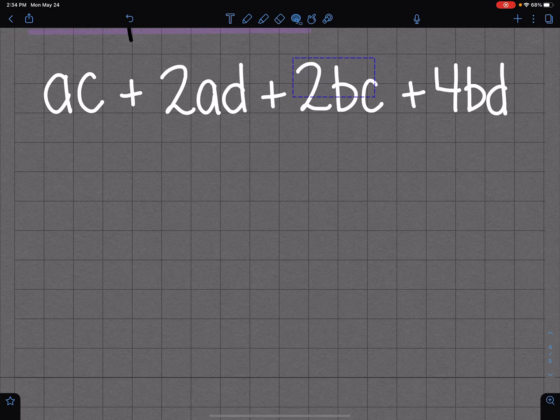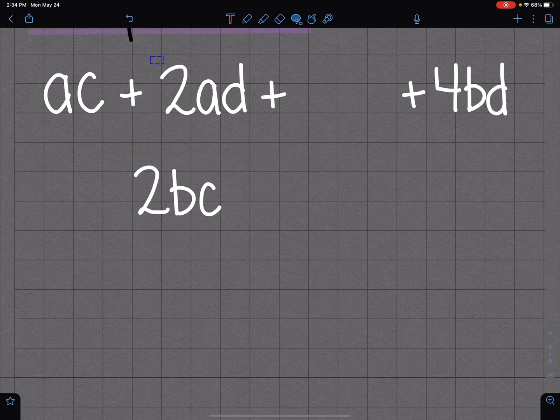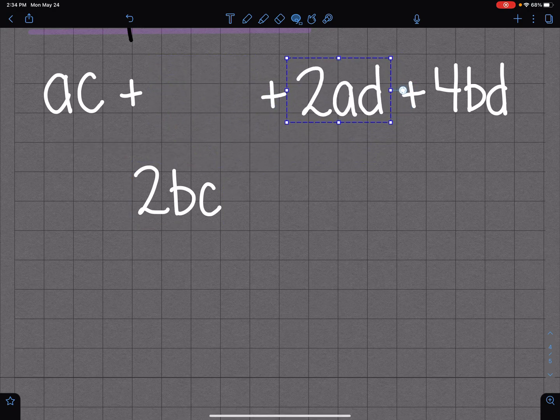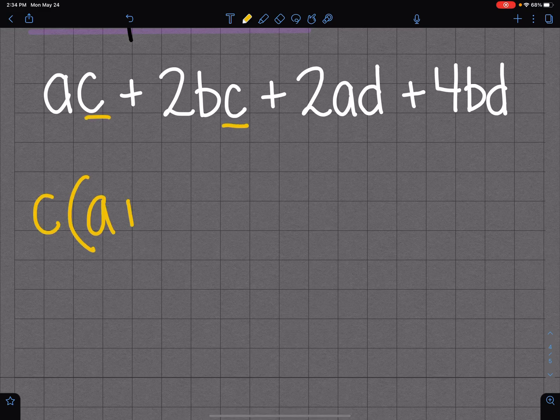They took this one, and they took this here, and they moved it here, and then they moved this like this, okay? And so then they factored out the c. Okay, a plus 2b. And then on this second group, they factored out the 2 and the d.